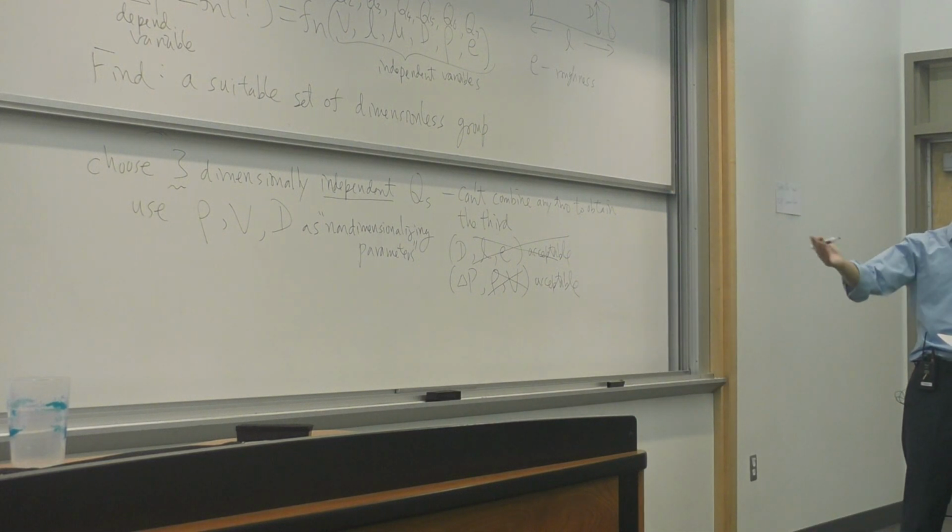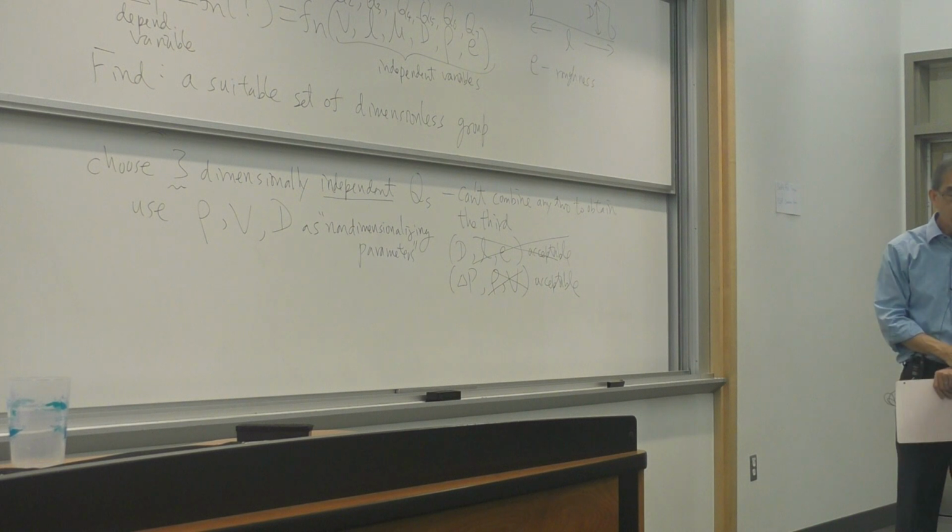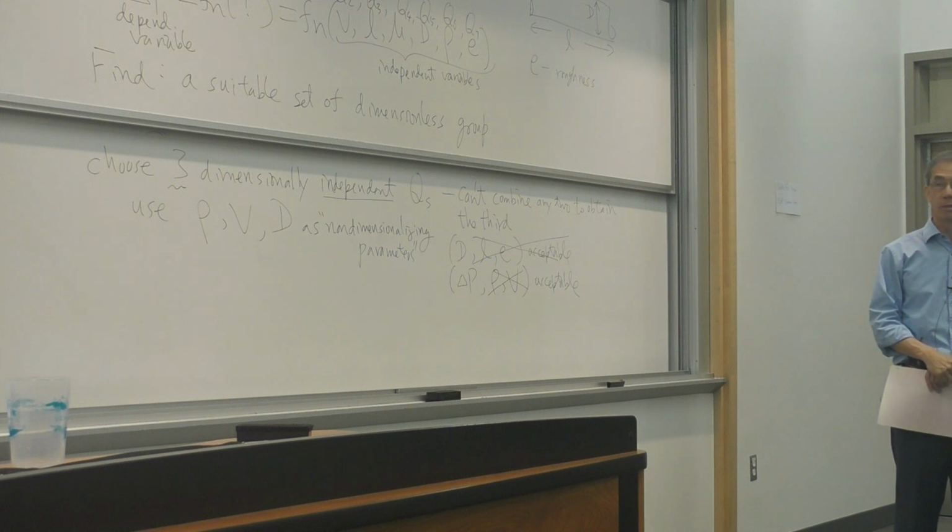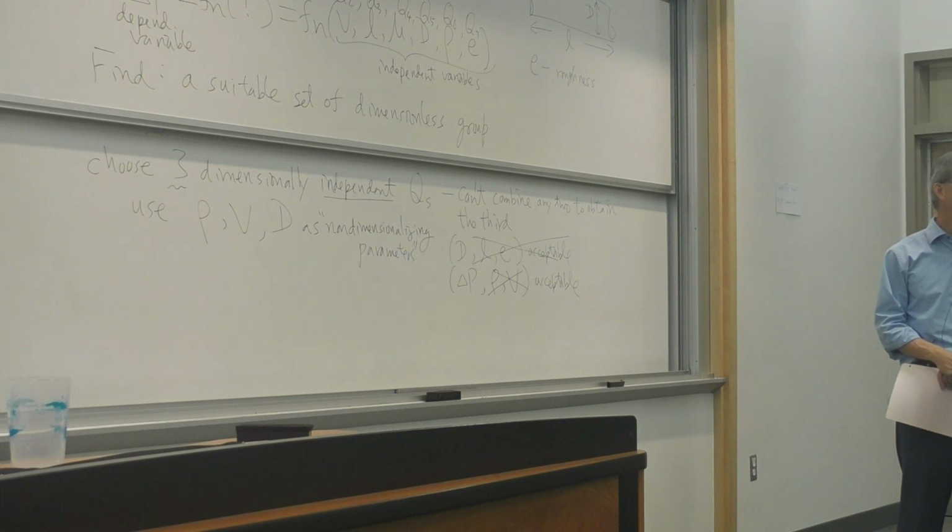Now, can you take any 2 of these, velocity, density, and group them and raise to different powers and get the unit of the third one? No, there's just no way. They are independent dimensionally. That's what we meant.